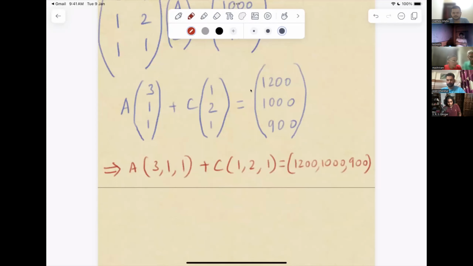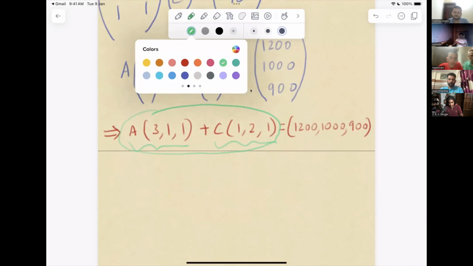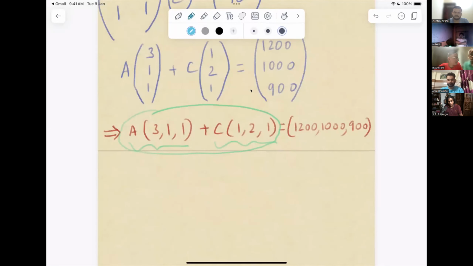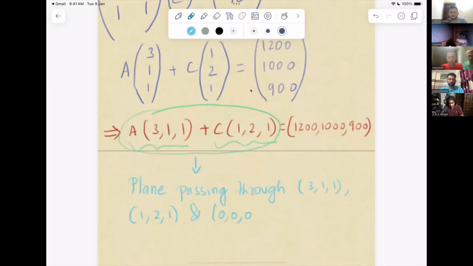What do I mean by this and this? What does this signify? This signifies the linear combination of 311 and 121. This fellow is simply the plane passing through 311, 121, and of course the origin.